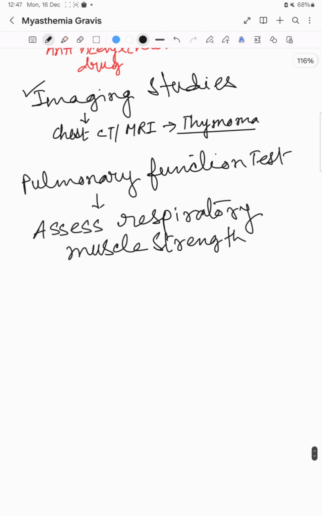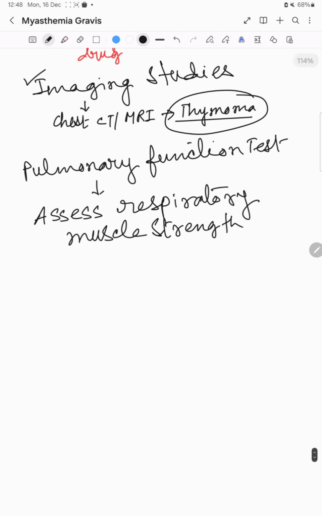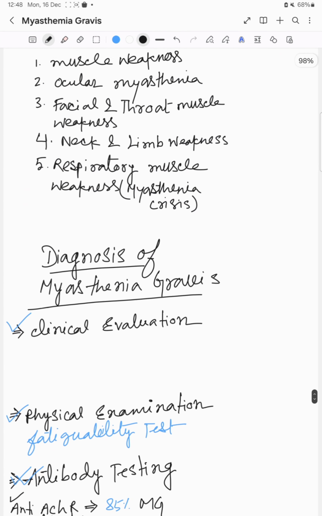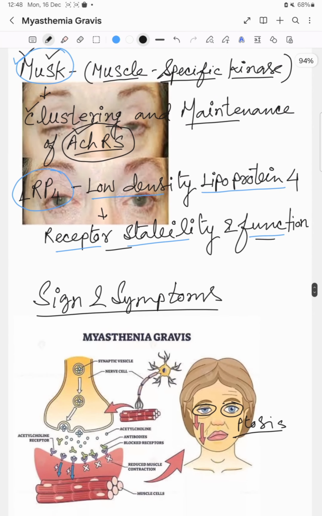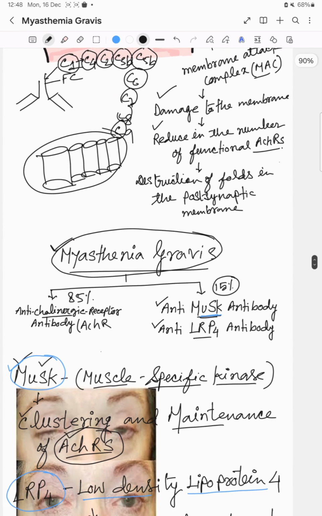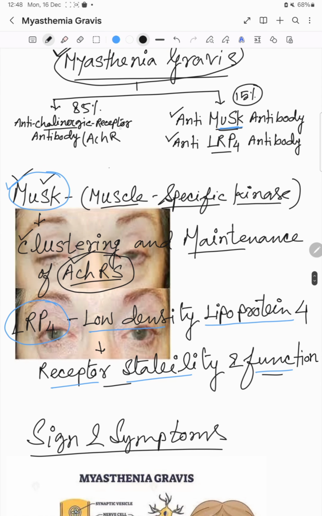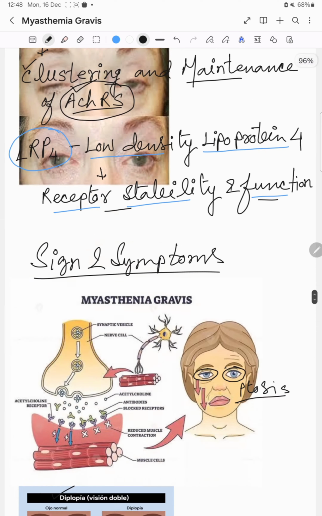And why thymoma? Because a myasthenia gravis patient is noticed with thymic abnormality. If you remember, we have previously discussed that there are two kinds of myasthenia gravis patients, with two types of antibody: anti-acetylcholine receptor antibody (AChR), and anti-MuSK and anti-LRP4. So I will discuss it here also.